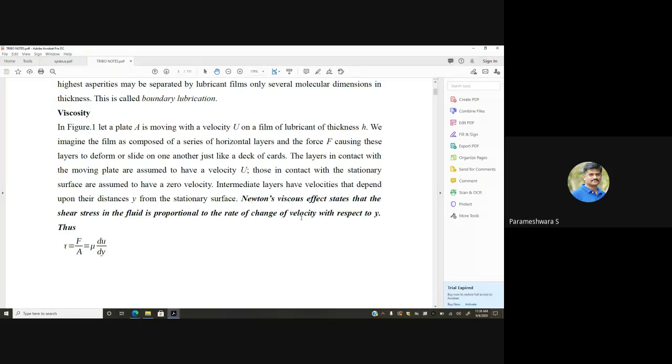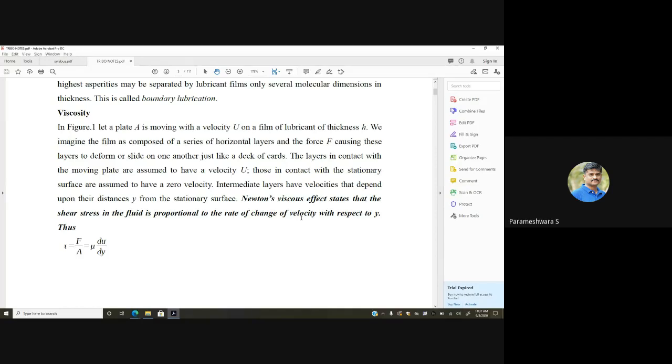According to Newton, who postulated various force theories, Newton's first law, second law, third law, he also demonstrated fluid mechanics. According to Newton's law of viscosity, the shear stress in the fluid is proportional to the rate of change of velocity with respect to y.